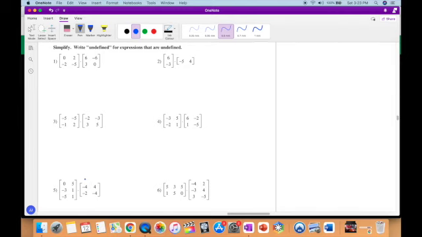So I'll give you 10 minutes to work on these matrices here. Let me know if you all have any problems seeing this, right? And just these 6 questions, and you wouldn't have to do all 6 because some of them cannot be multiplied, right? So 10 minutes.